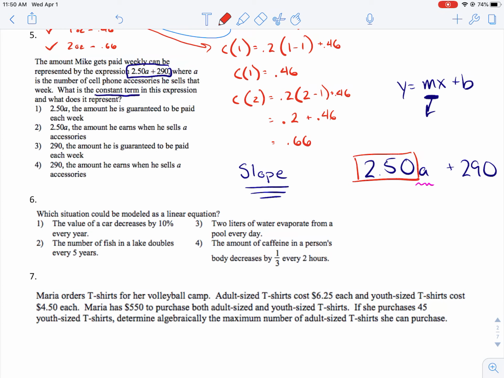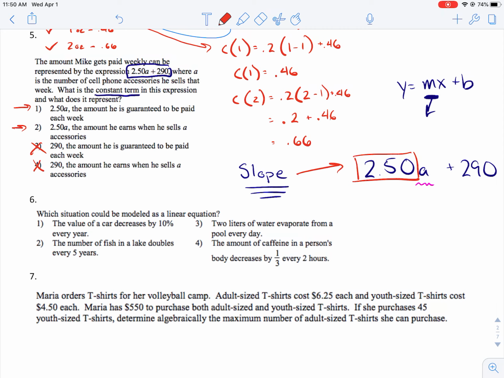So our constant term here, or our slope, is not 3 or 4. It's one of these two. And now we have to decide which one of these is not the correct representation. So we've currently decided our slope, or our constant term, is 2.5.